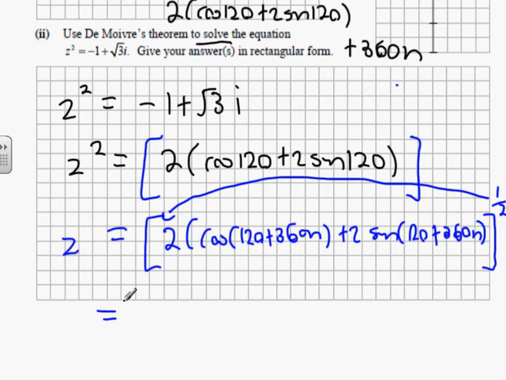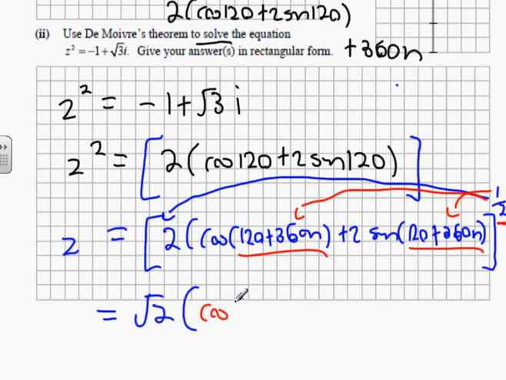Okay, anything to the power of half is the square root of that number. Now, what's the second effect of the power of a half? The angles get halved. So the angles get halved, it's going to be cos 60 plus 180n, and then plus i sine 60 plus 180n.